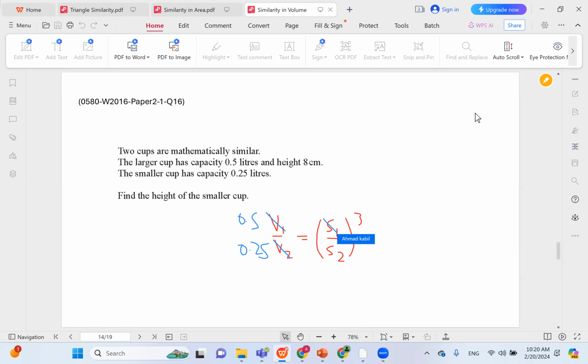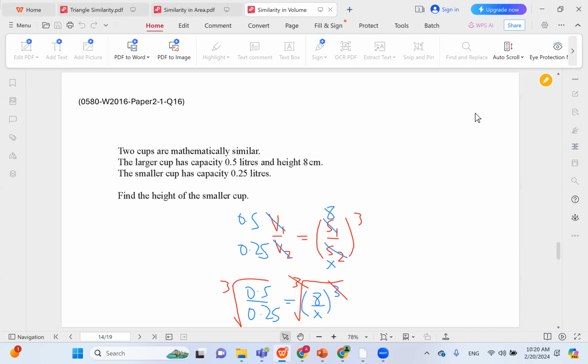So we're going to put 8 in S1 here, and we're going to put X in the other one. And we get 0.5 divided by 0.25 equals 8 over X to the power of 3. Cube root on both sides. Cancel the cube root with the power. Evaluate the cube root on the left.